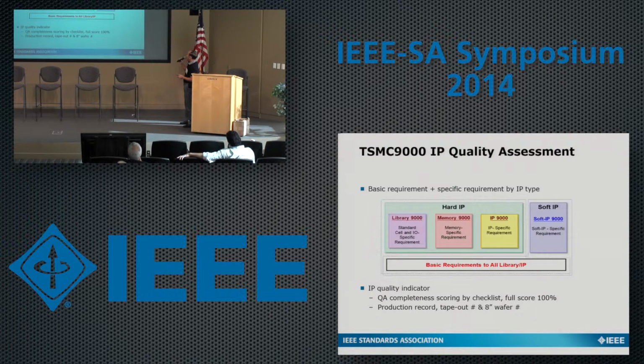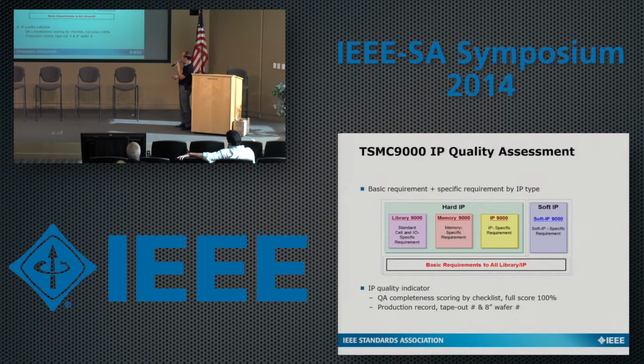So this has a couple of levels. You see the hard IP, there's library, which is related to standard cells and I/O. And then the memory, which is embedded memory, non-volatile memory, a number of those, and then different IP specific as well, like USB, SerDes, all of that.